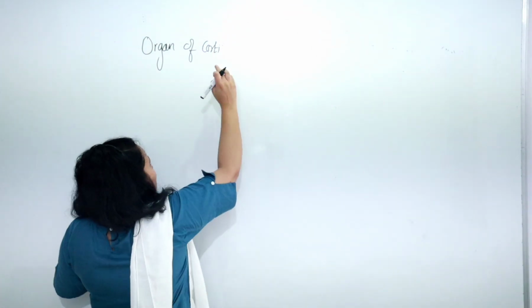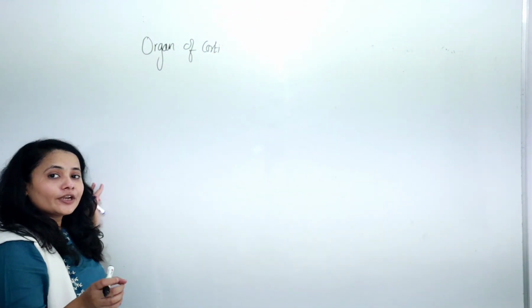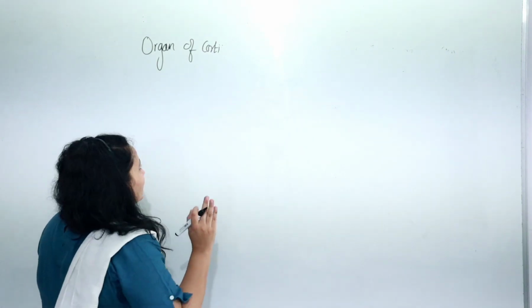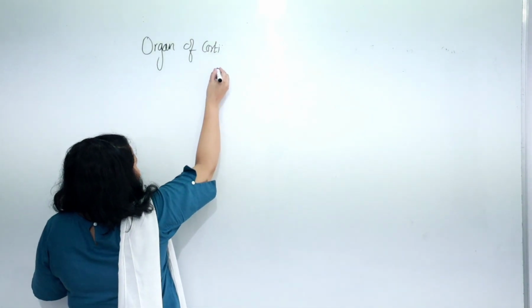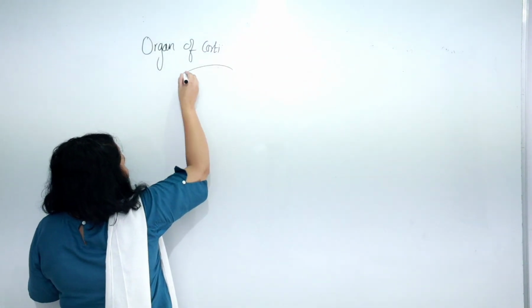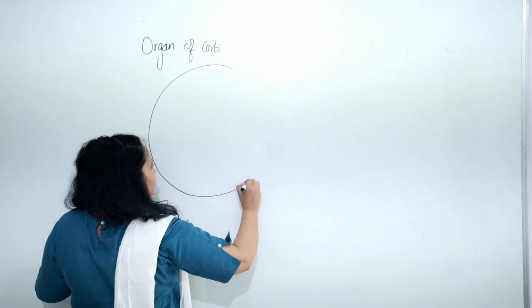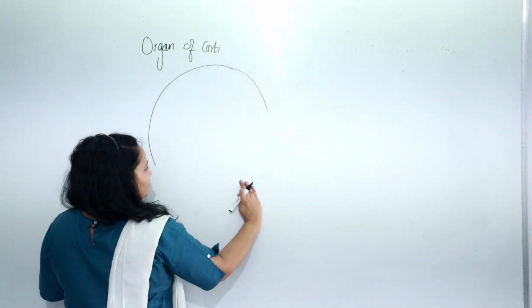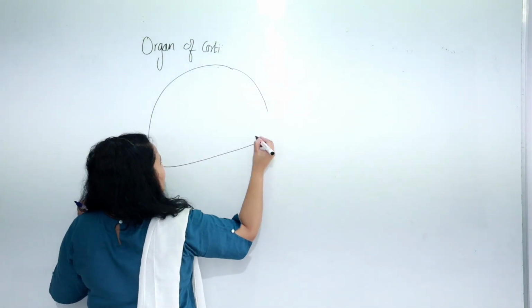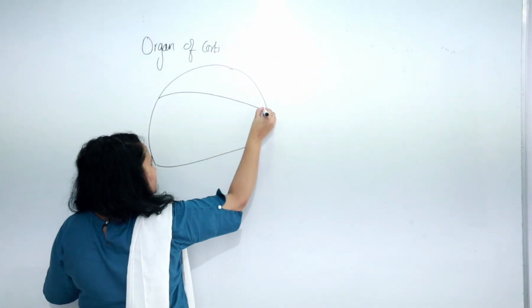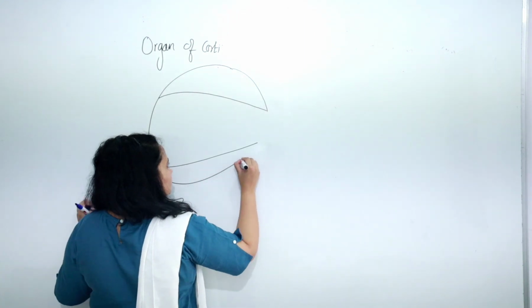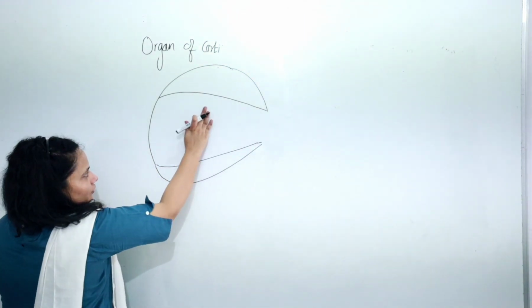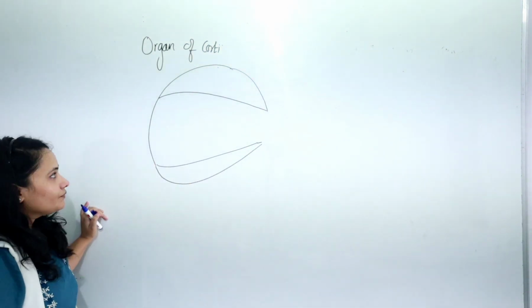Now, what is this organ of Corti? It is the hearing organ present in the cochlea. We have seen the transverse section of the cochlea this way, separated into 3 chambers. Right now, I will be focusing just on this portion, that is scala media.